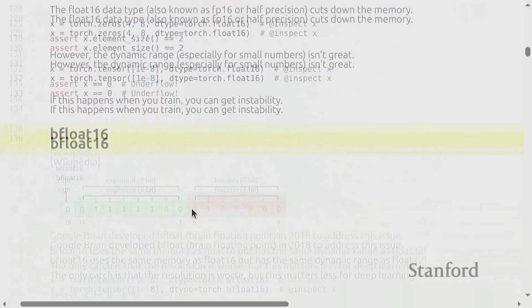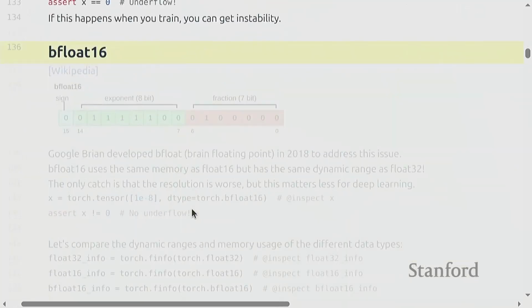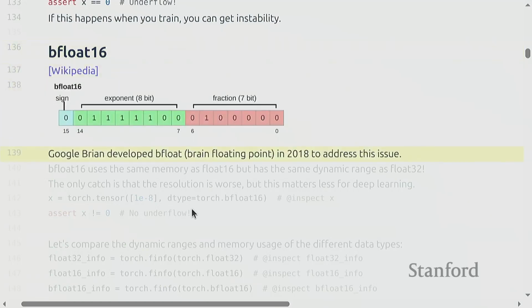Okay, so one thing that has happened, which is nice, is there's been another representation, BF16, which stands for brain float. This was developed in 2018 to address the issue that for deep learning, we actually care about dynamic range more than we care about the fraction. So basically, BF16 allocates more to the exponent and less to the fraction.